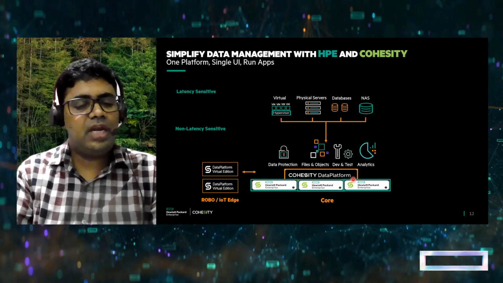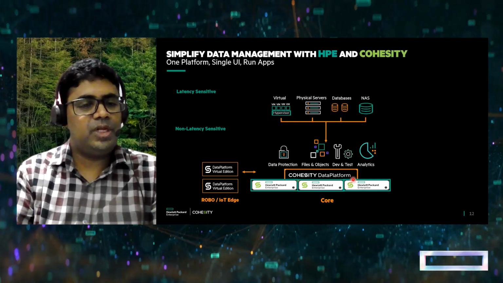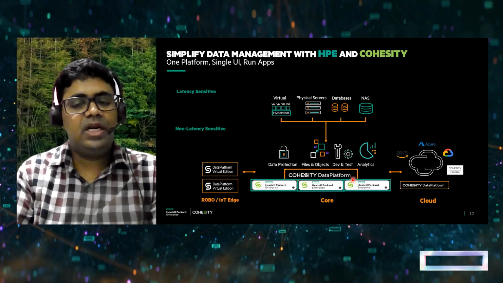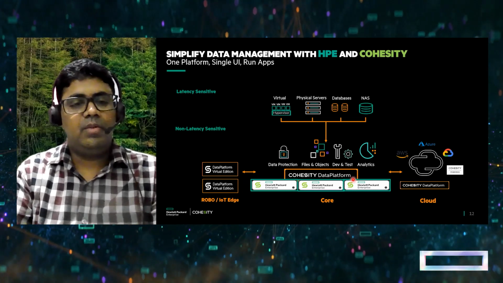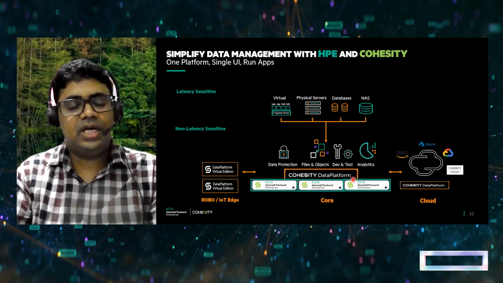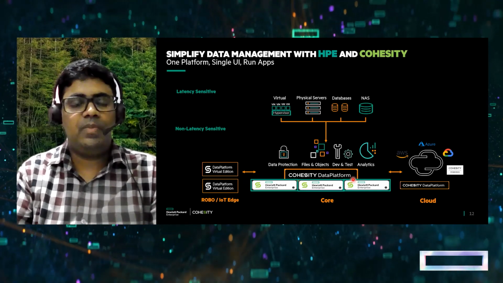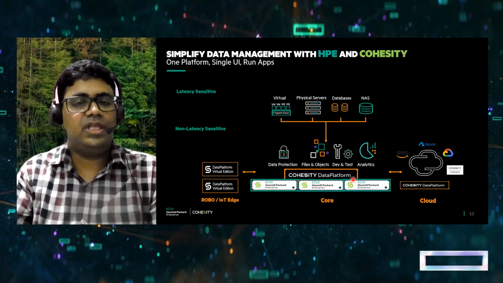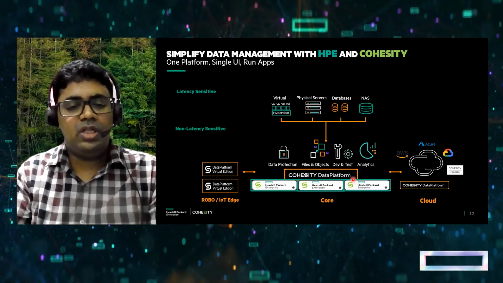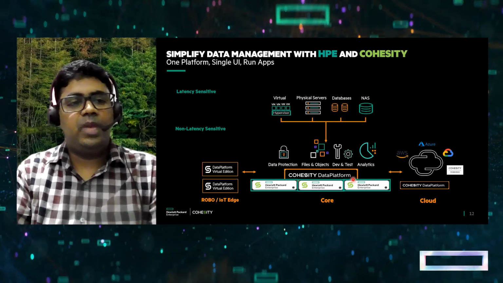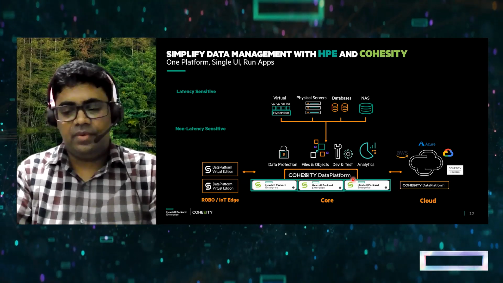It can be applicable for ROBO, that means our branch offices as well as edge locations, and similarly for cloud environments. Nowadays most organizations are running multiple workloads like on premises, private cloud, and public cloud. Some organizations are running mixed cloud environments. For all this infrastructure, this solution is more suitable to maintain as one platform.